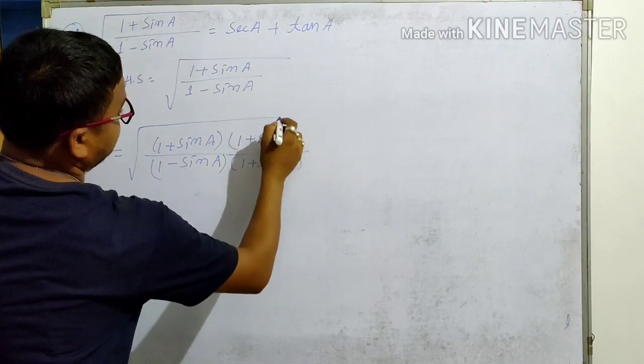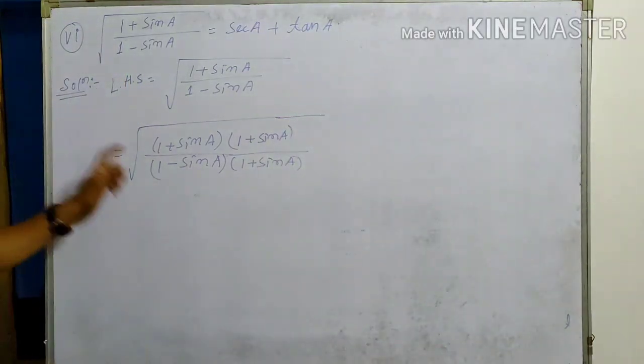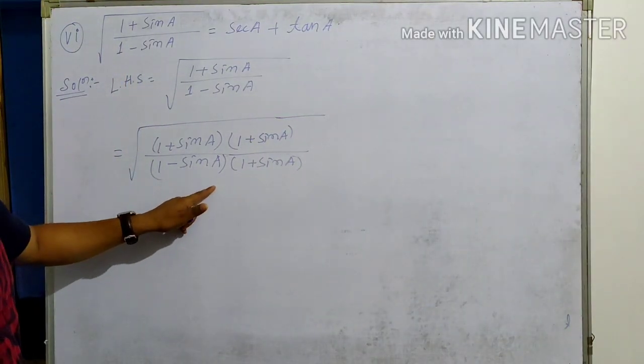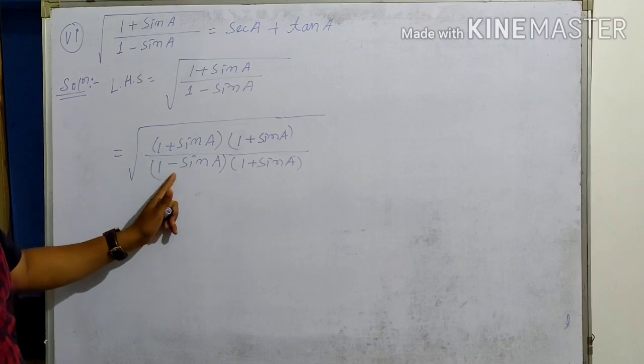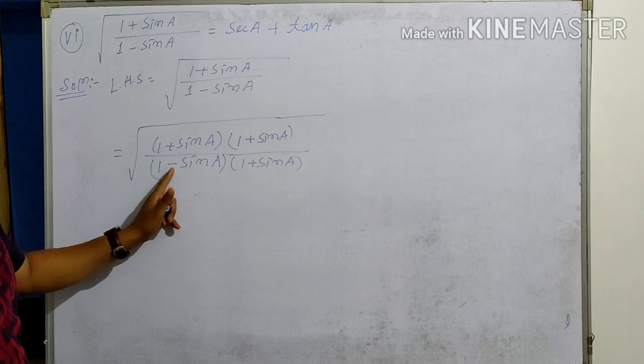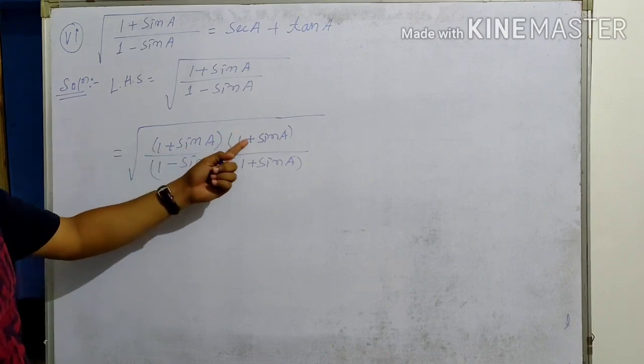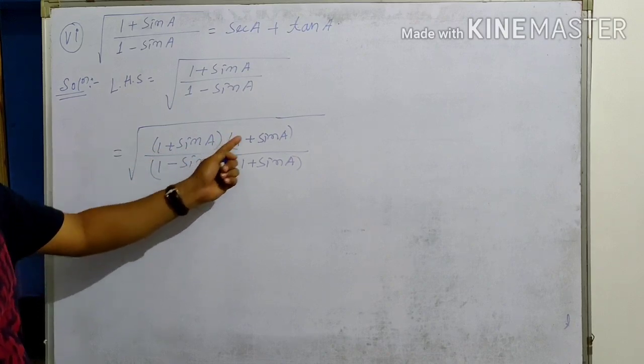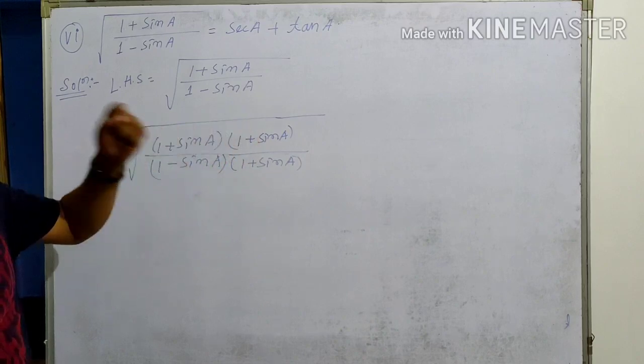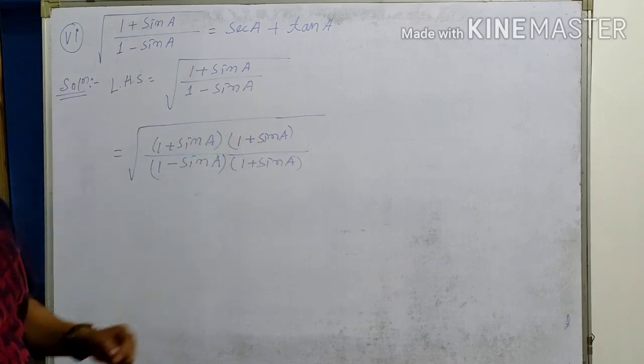Okay, in the denominator part, what is your term? 1 minus sin a. So you take the opposite sign of this. Suppose if it is plus, you take minus; if it is minus, you will take plus. With the opposite sign of this term, you multiply in both sides. That is the rationalized form.